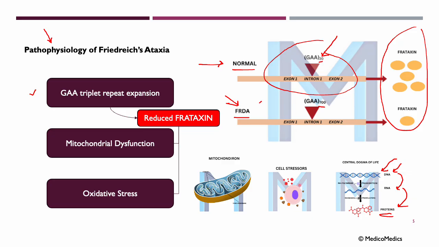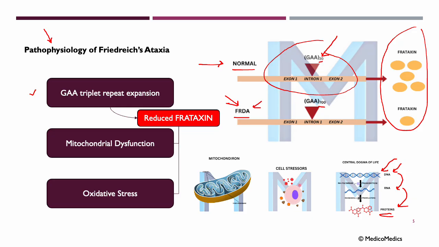But in Friedreich's ataxia, the individuals inherit abnormally expanded GAA repeats, so typically between 70 to 1,700 repeats. And this is in both alleles of the frataxin gene, leading to gene silencing.